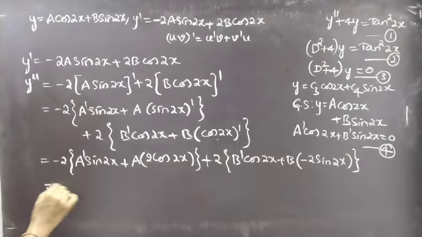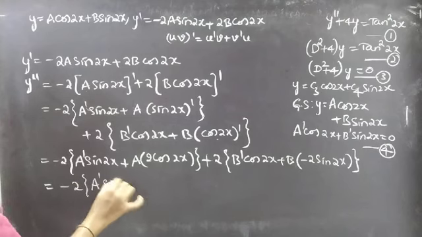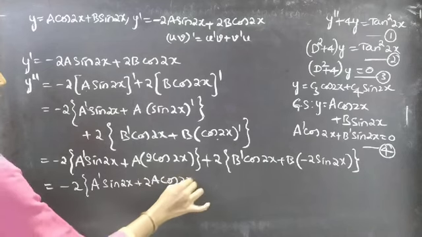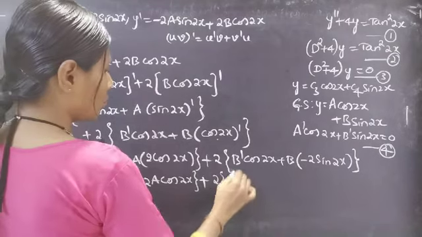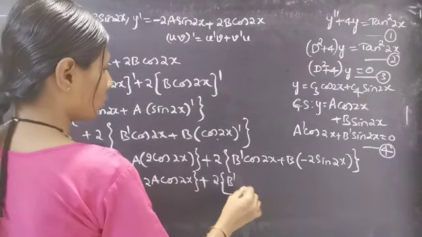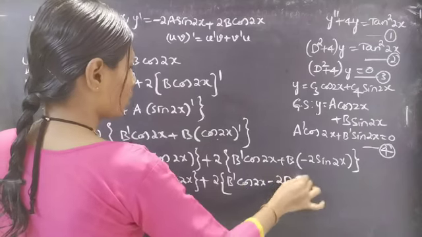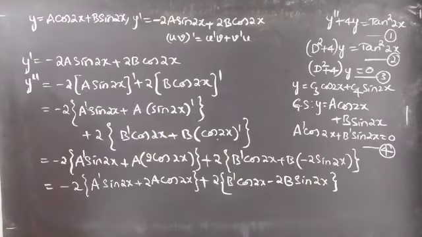This becomes minus 2 into a' sin 2x plus 2a cos 2x plus 2 into b' cos 2x minus 2b sin 2x, right?